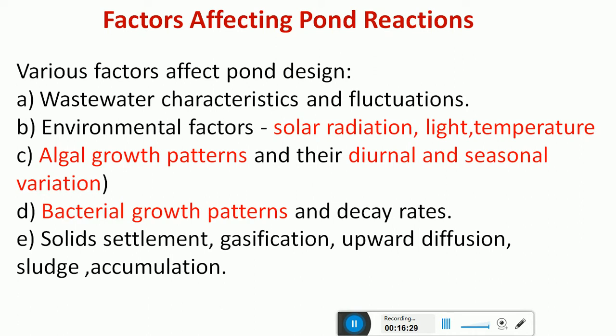Here we have a symbiotic relationship between algae and bacteria, so sunlight, temperature and algal growth are equally important for effective functioning of oxidation ponds. Also important are bacterial growth patterns and decay rates, solid settlement, gasification, upward diffusion, and sludge and its accumulation.